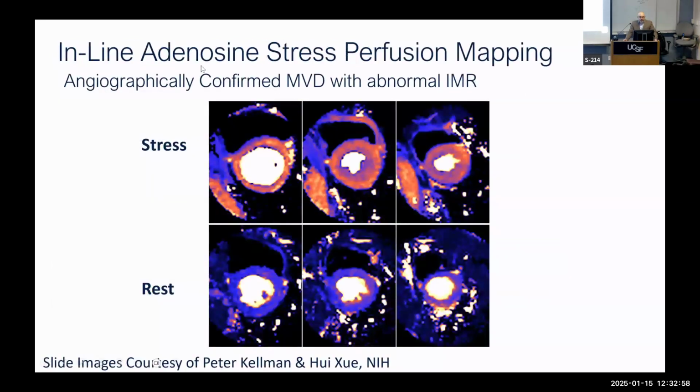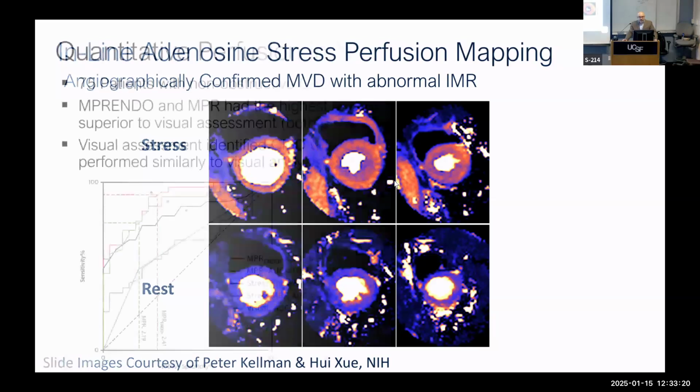So again, here's an example of inline stress perfusion mapping, which is probably about a year from being clinically available, although we have it available. We will have it available when we get our stress program back up and running, hopefully in the next month or two. Here you can see this variation where it's lower in the endocardium than in the epicardium, a classic pattern for microvascular disease.